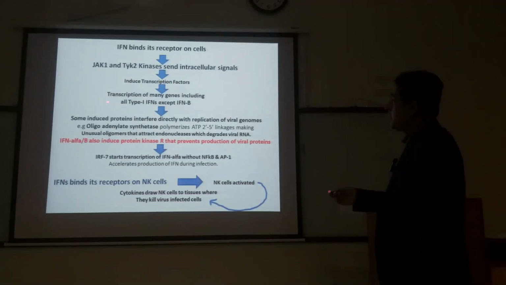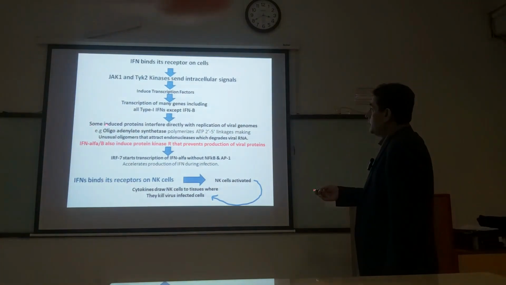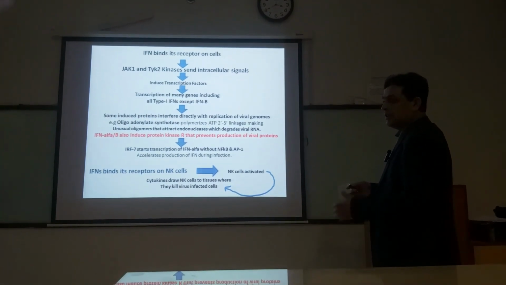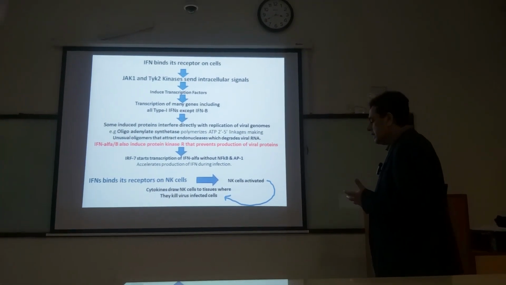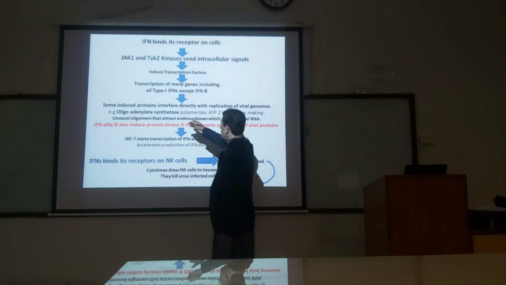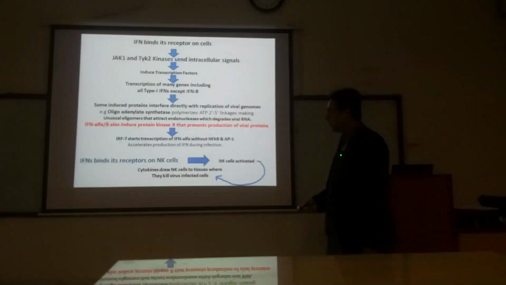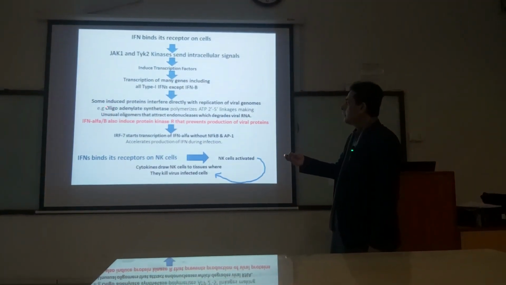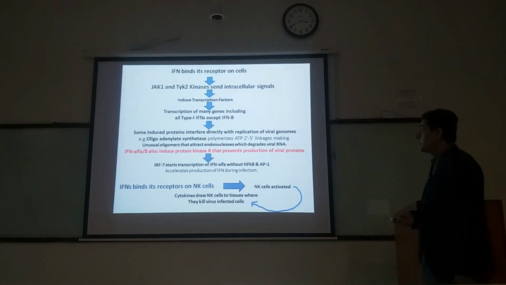Now what happens is that some of the proteins or the genes that are induced with the help of these transcription factors interfere directly with replication of viral genomes. For instance, the example is here, oligoadenylate synthetase.